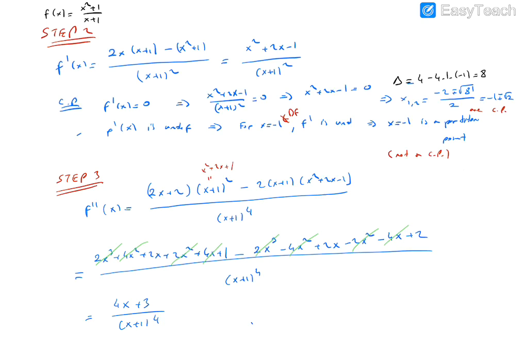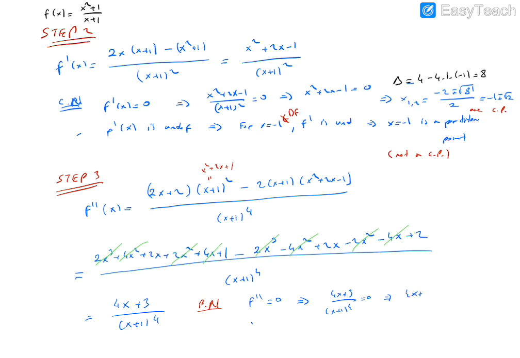So what are the partition points or partition numbers of the f prime? So this is the critical number. So f double prime equals 0 implies 4x plus 3 over x plus 1 to the power 4 equals 0.